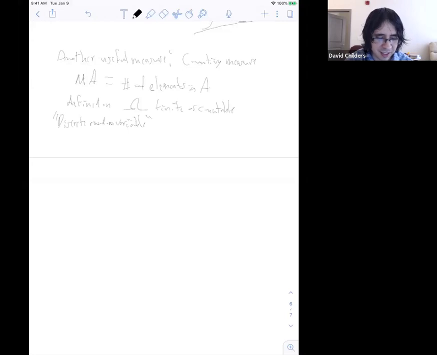if it has density, we'll call this P again, with respect to counting measure.